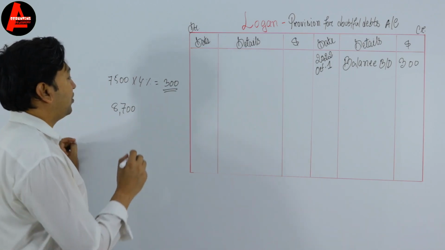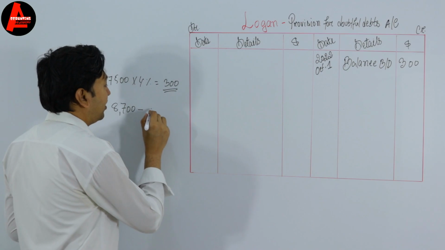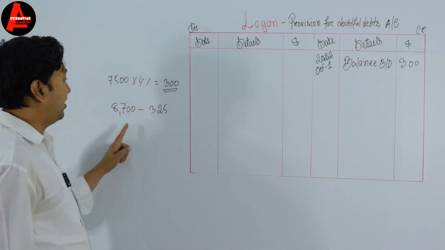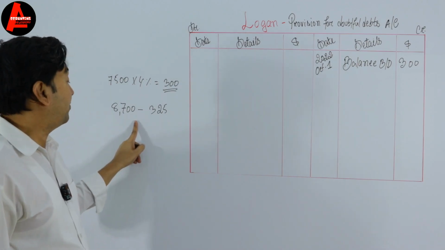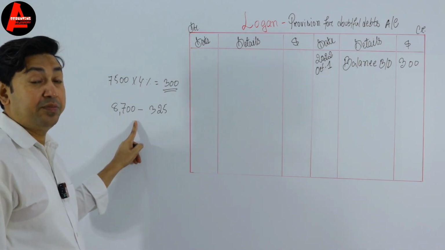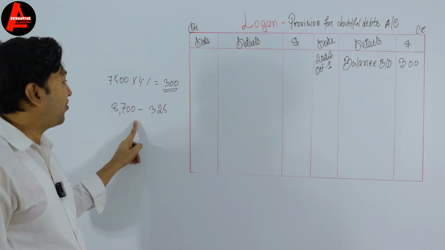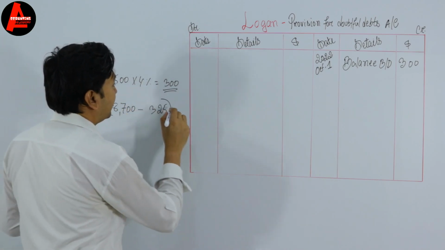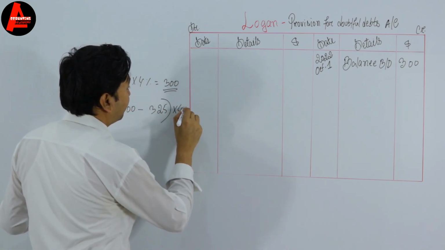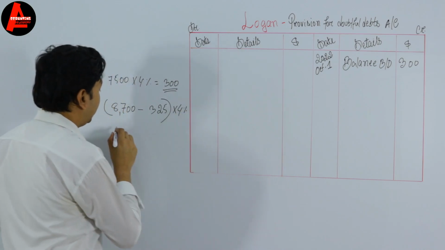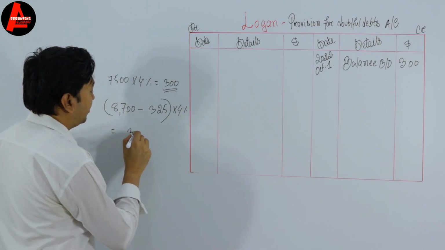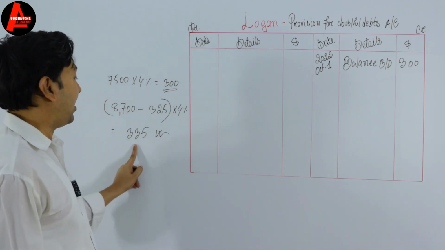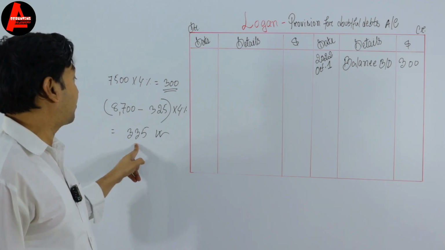So we have to subtract $325. Now the balance we have will be multiplied by the rate of provision for doubtful debts. If we multiply this by 4%, we get $335.